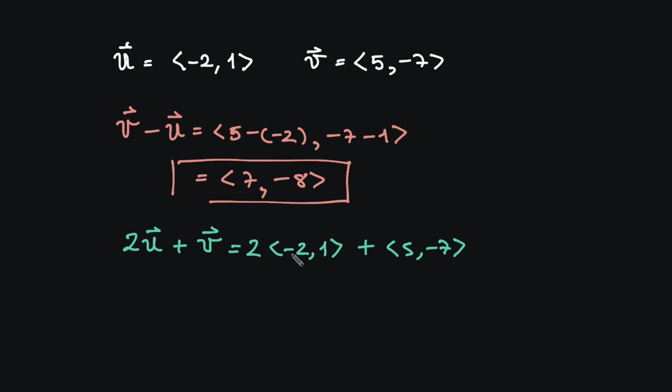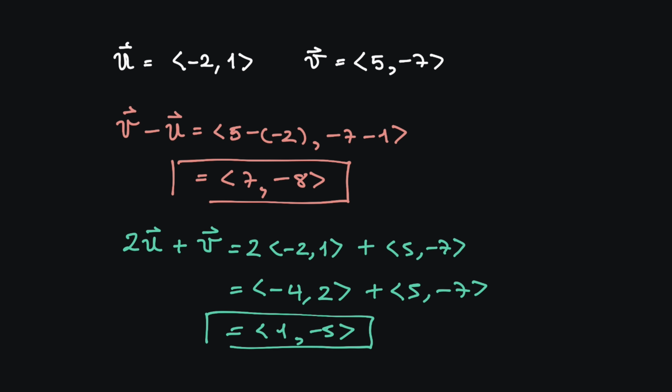Now, we know that this is multiplication by a scalar, so we just multiply each component by that number. 2 times -2 is -4, 2 times 1 is 2, plus (5, -7). Now we just need to add the components. -4 plus 5 will be 1, right? Different signs, you subtract, 5 minus 4, and you leave the sign of the greater number. And 2 plus -7 will be 2 minus 7, that is -5. So this will be our result if we add 2 times vector U plus vector V.